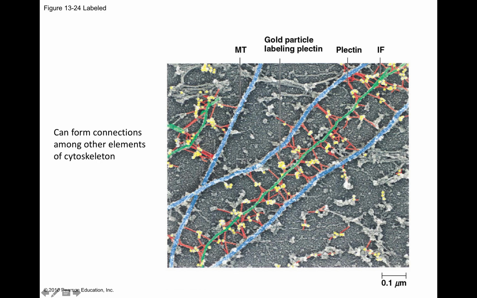And then you have different kinds of intermediate fibers forming connections among these microtubules. And those are labeled with different colors. So it's not that microtubules stayed in themselves and actin fibers stayed in themselves and intermediate fibers stayed in themselves. They're all interconnected to form that soggy nerf ball that is the cytoskeleton.